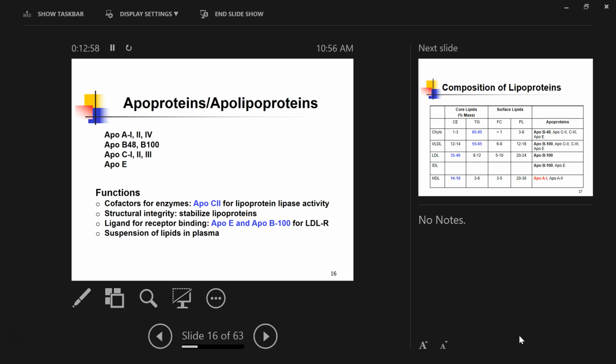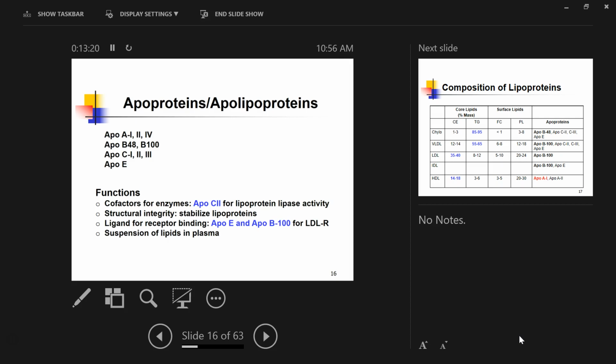So LDL receptors can recognize the lipoproteins, basically LDL, but basically it recognizes specifically ApoE and ApoB100.